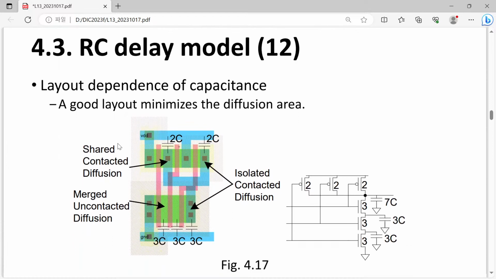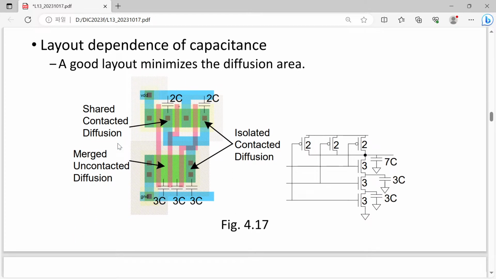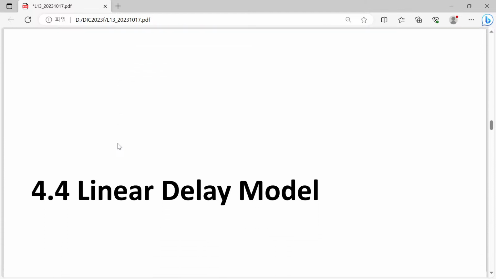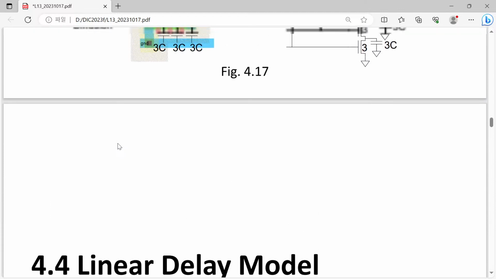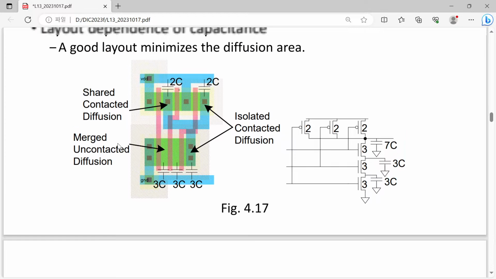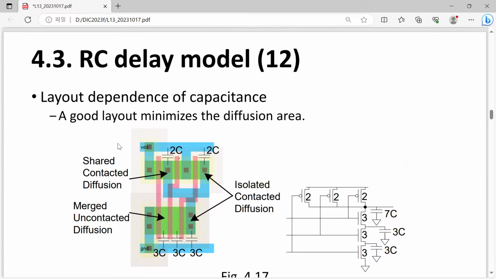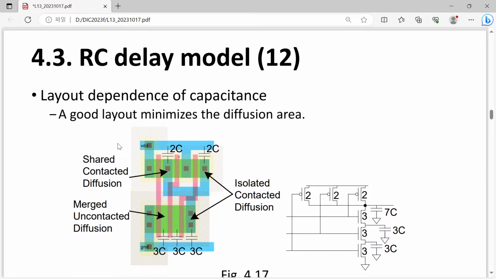So now let's go to the next section, 4.4. But before moving to 4.4, I just wanted to show you the last slide for this RC delay model. Up to now, we have done the simple estimation of R and C for a simple logic gate.